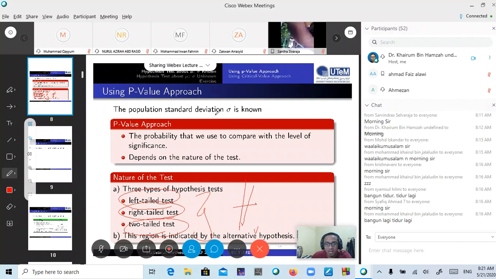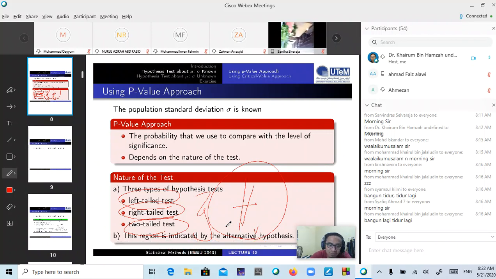So refer to H1. If your H1 is less than, then it becomes a left tail.